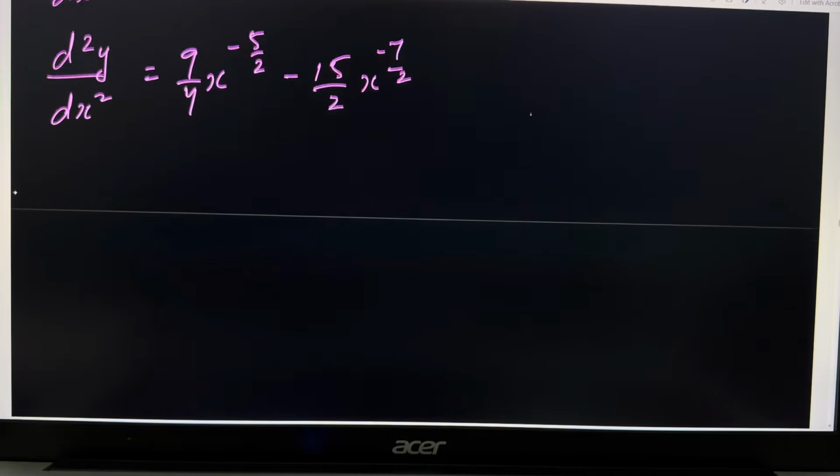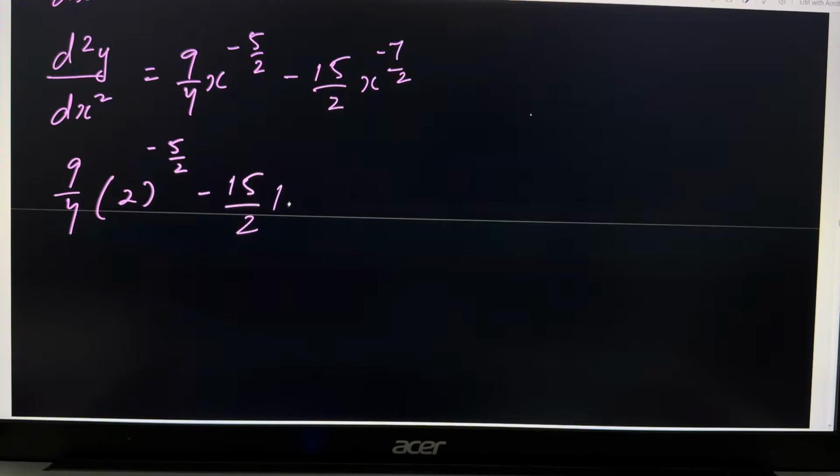So let's substitute the x value, which is 2: 9 upon 4 times 2^(-5/2) minus 15 upon 2 times 2^(-7/2).